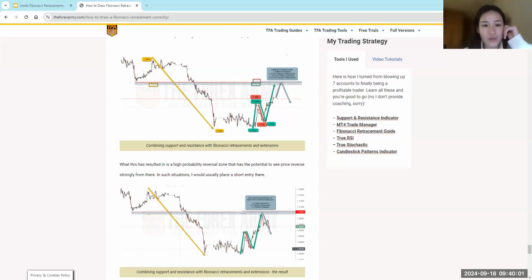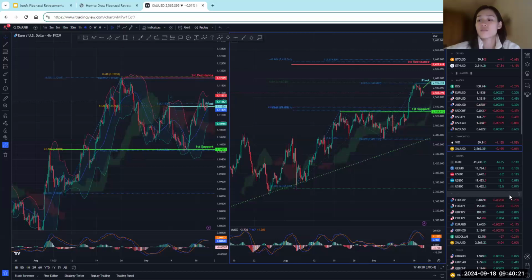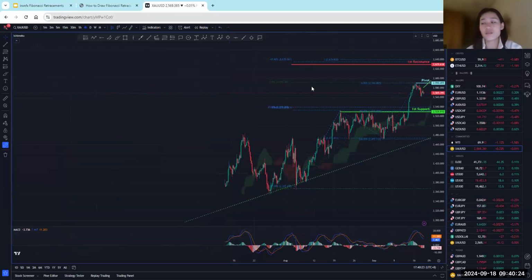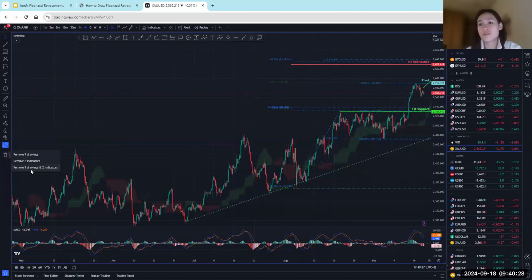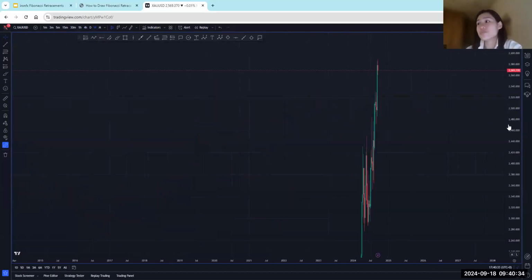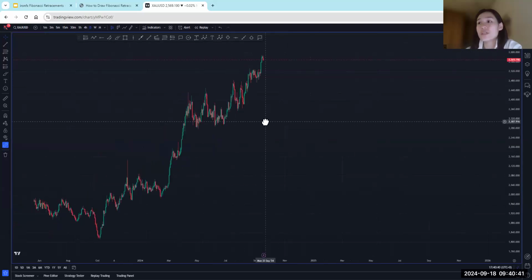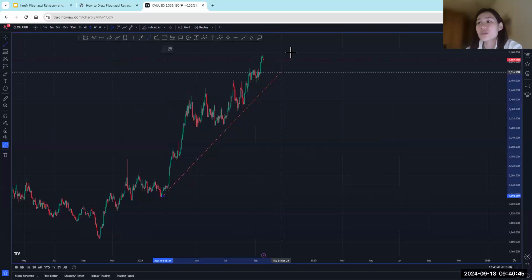Okay, let's take a look at gold. So on our weekly time frame, you can see prices of gold moving up, on our daily time frame as well, with prices moving in this ascending trend line.